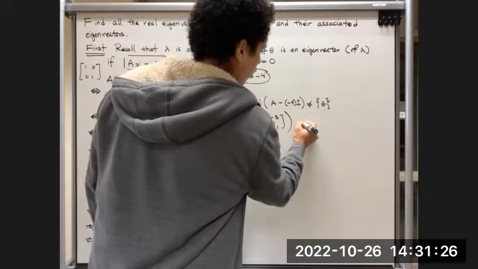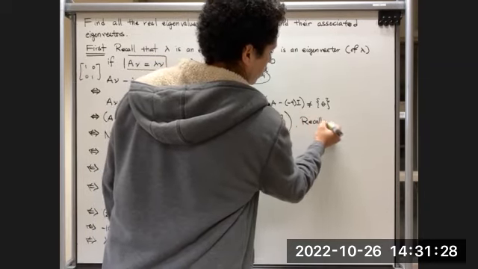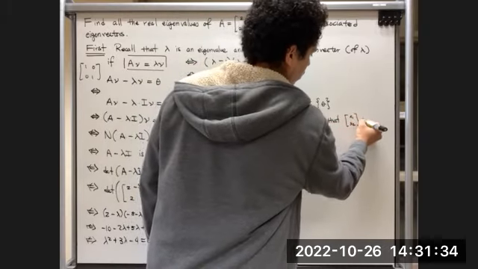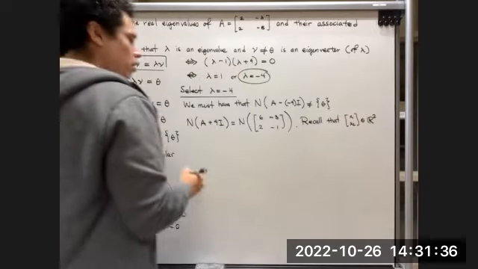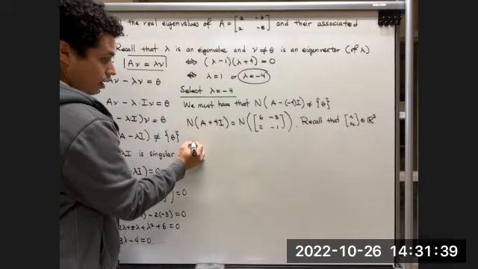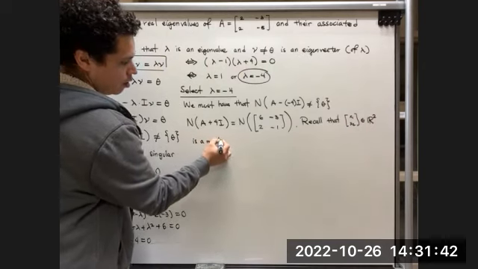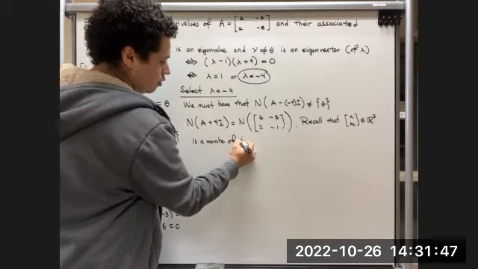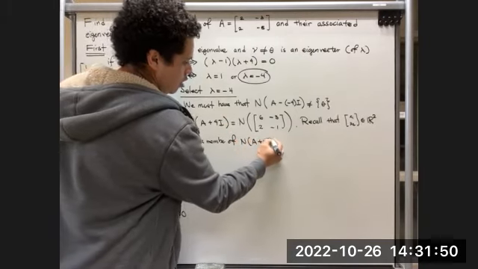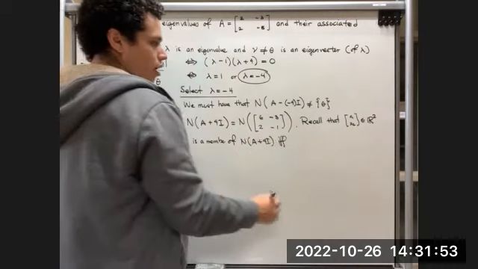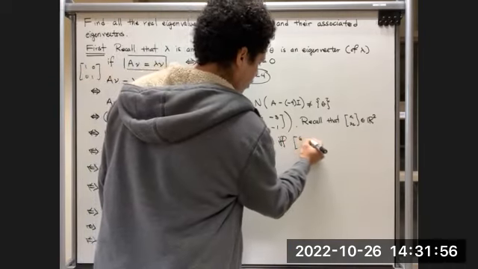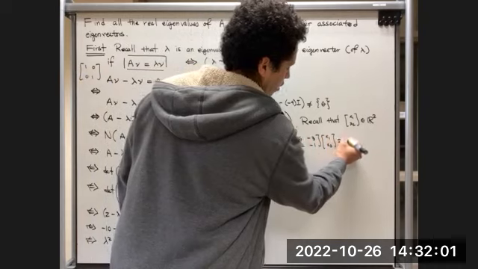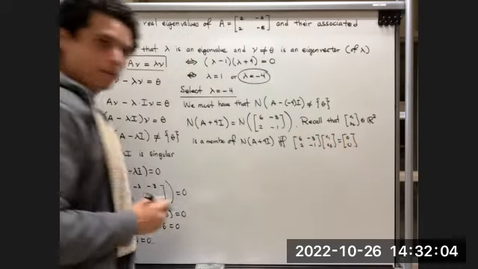So, recall that a vector (x1, x2) on the plane is a member of the null space of this matrix if and only if, when you multiply it, the matrix 6, -3, 2, -1 times (x1, x2), that results in the 0 vector.